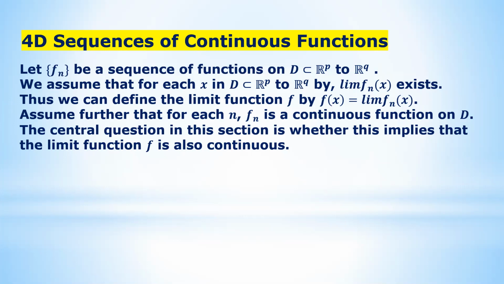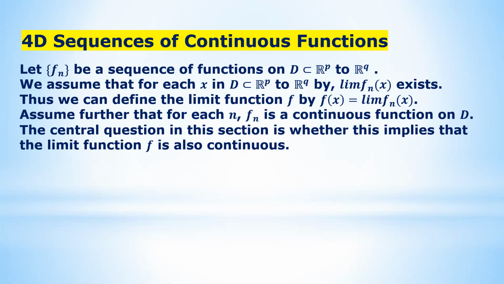When I say Fn is a continuous function on D, that's it. You cannot argue for anything more, whether the function is uniformly continuous or not; that's not our question. Here I just have a general set.